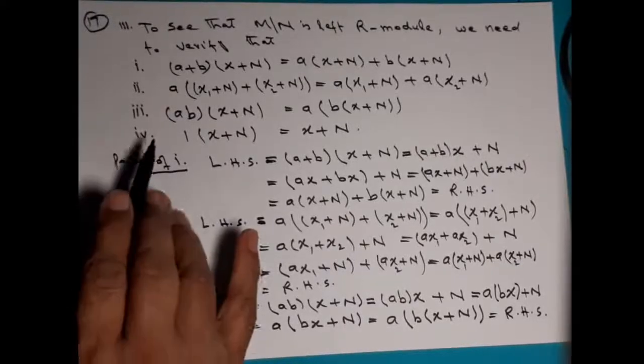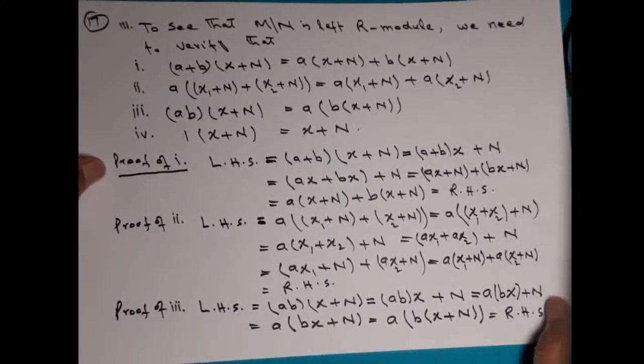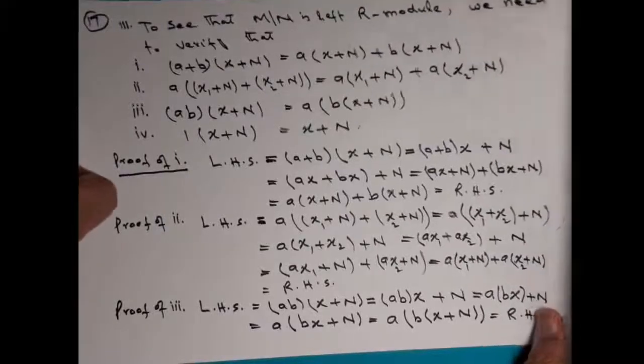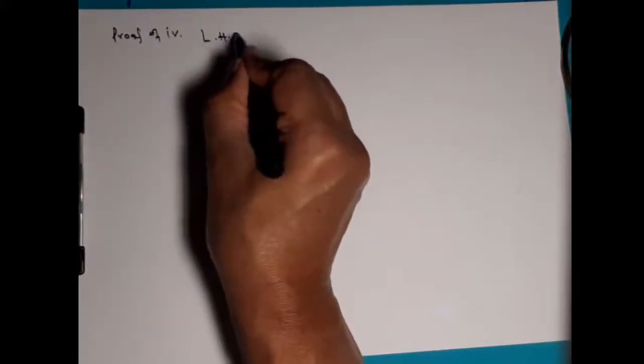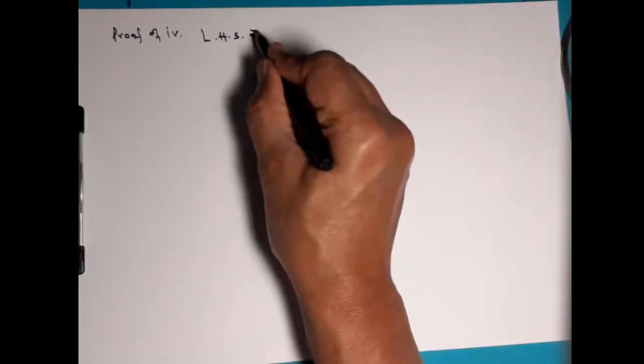And the fourth condition is very simple. Anyway, let's write that as well. So proof of 4. The left hand side is equal to 1 multiplied with (x plus N).